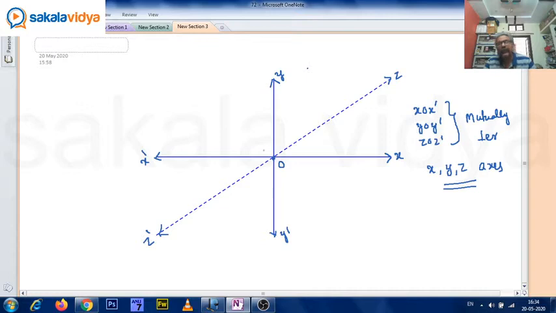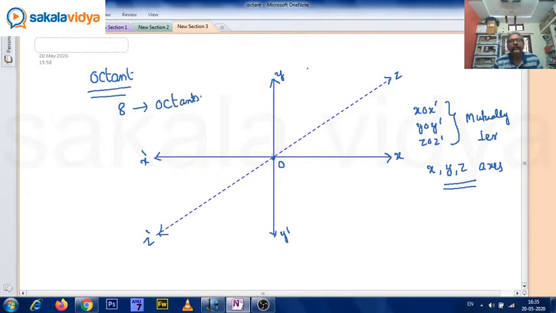In total we get 8 compartments. Each compartment is called an octant. How many octants do we have? 8 octants.